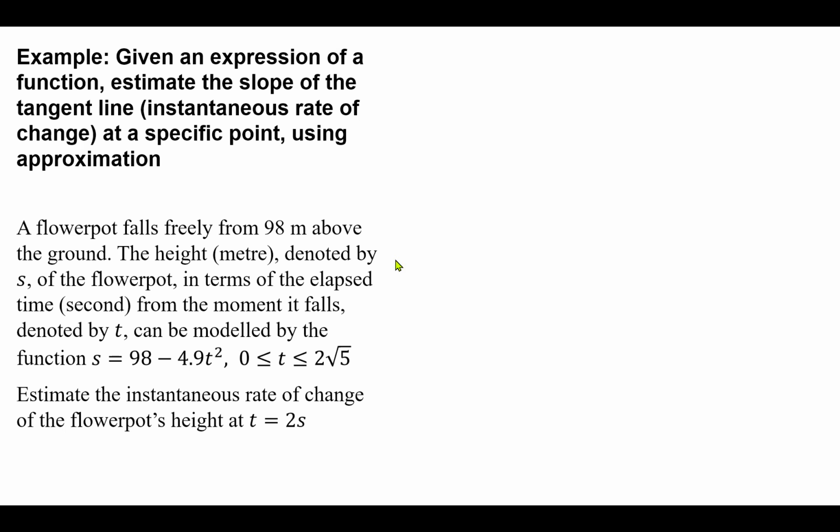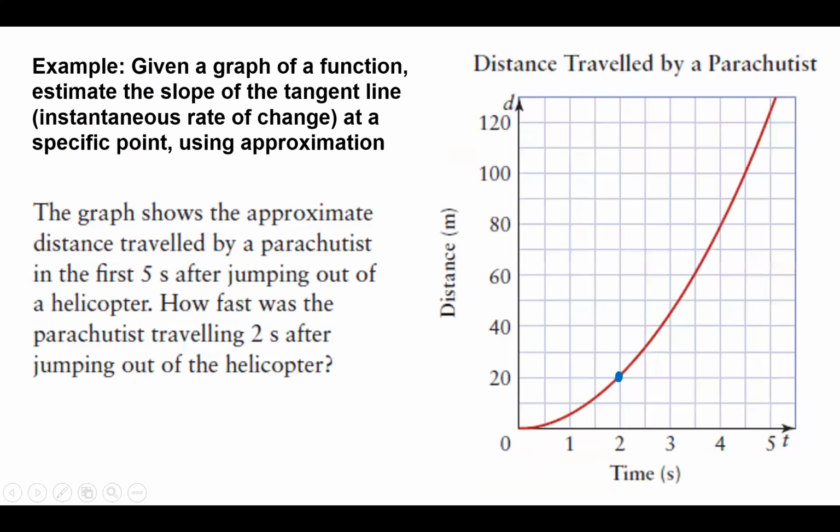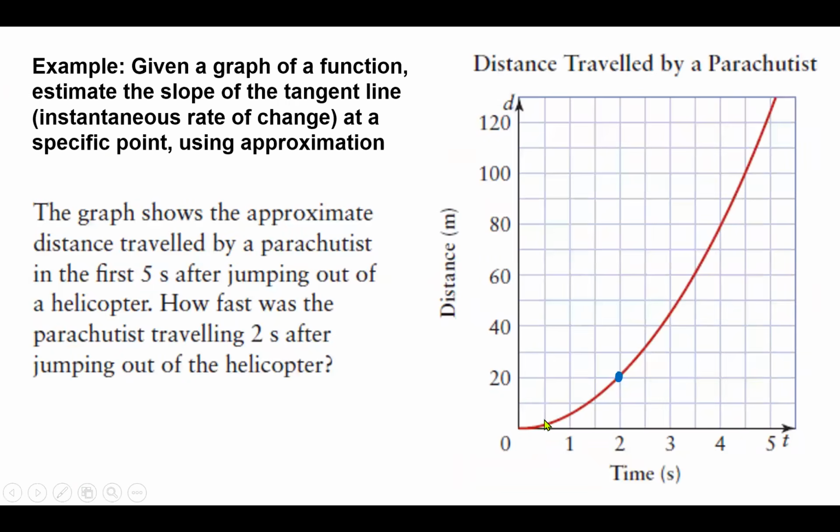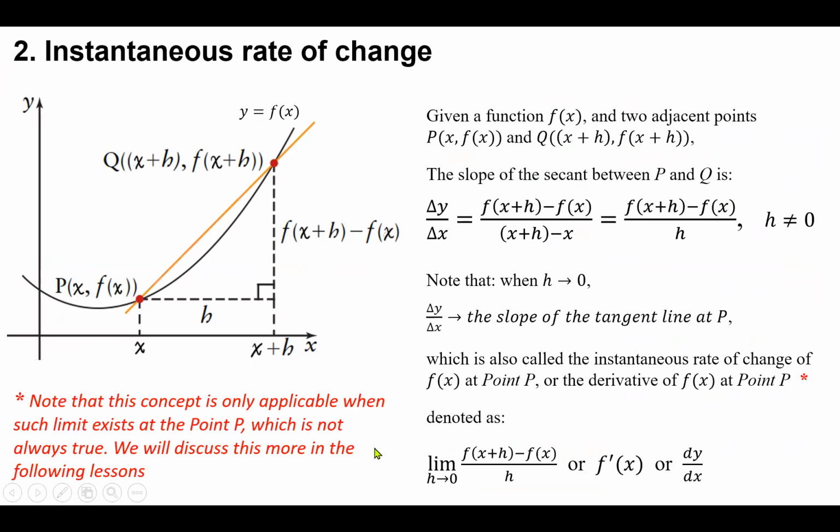All right, let's have a look at the solution here. Note that the slope of the tangent line is defined by a limit, right? A limit of the difference between y-axis and x-axis values, which is f(x+h) minus f(x) over h. h is the difference between the 2 points.